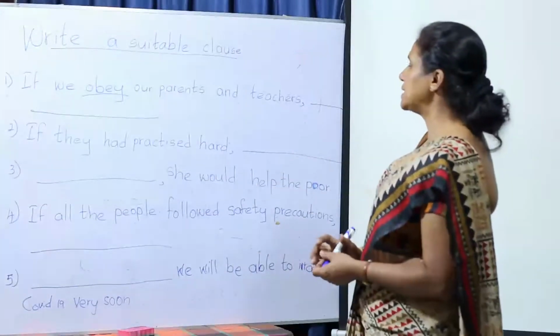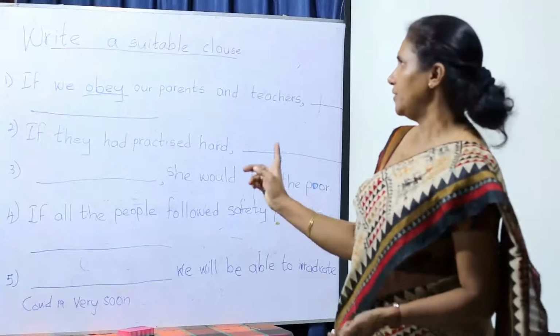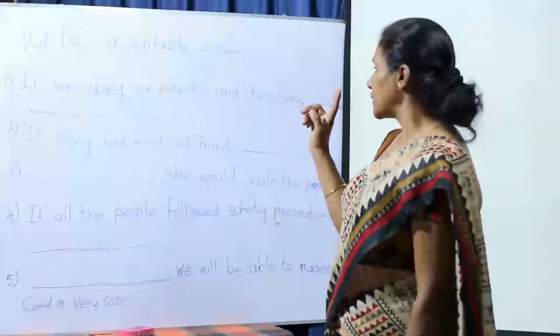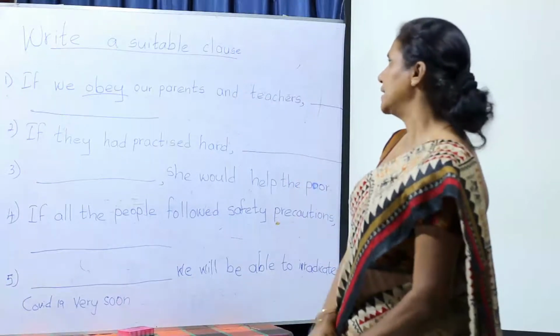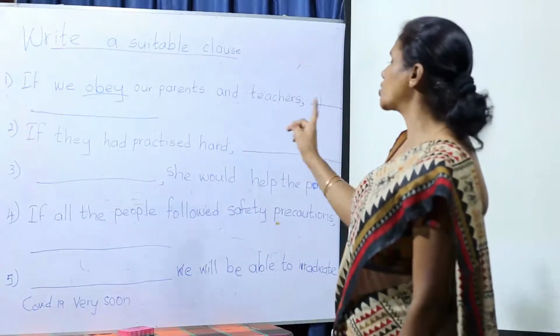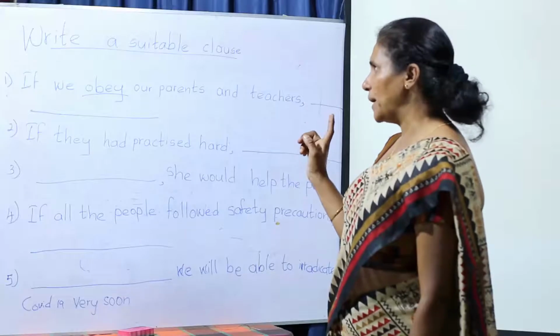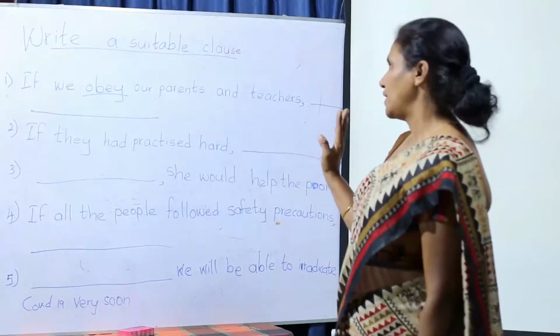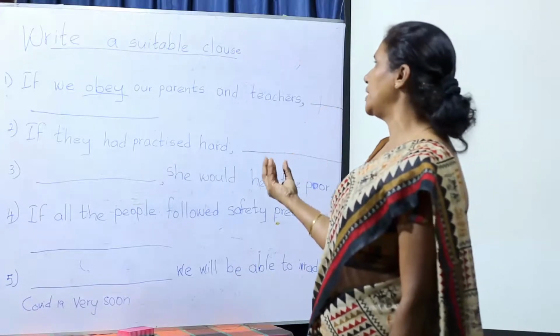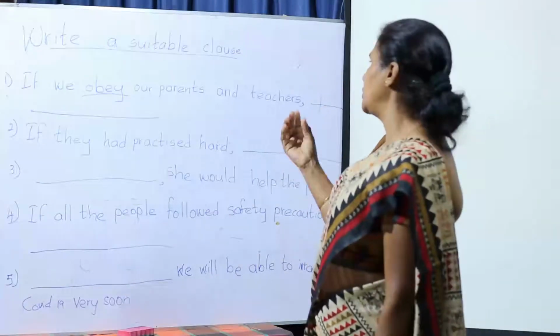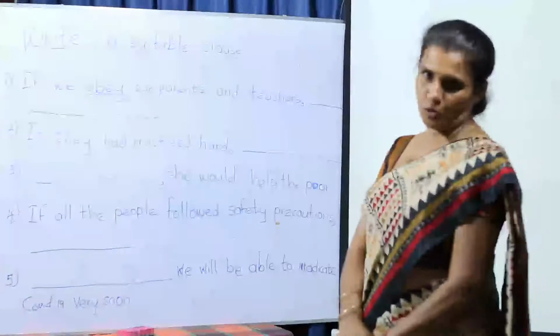So it is easily understood. If clause is in simple present tense, then the main clause should be in simple future. So with using simple future as the verb form, you are to build up the main clause.